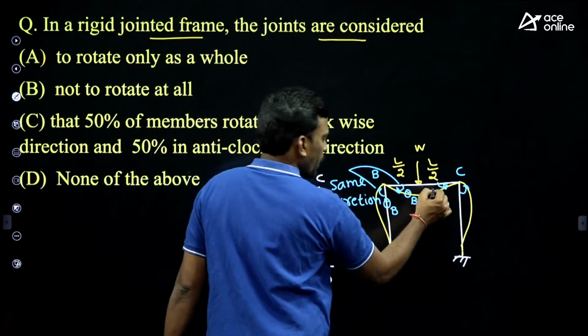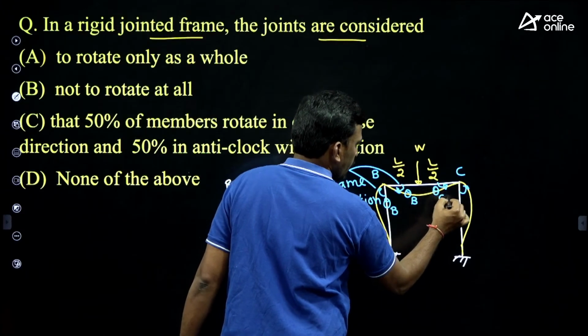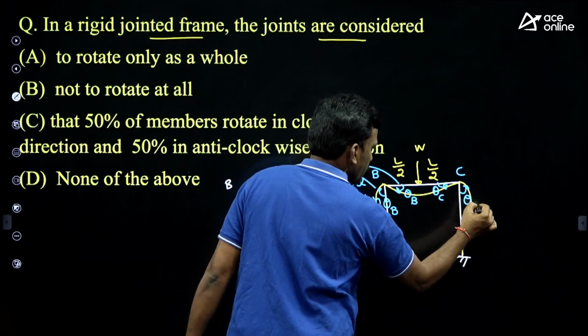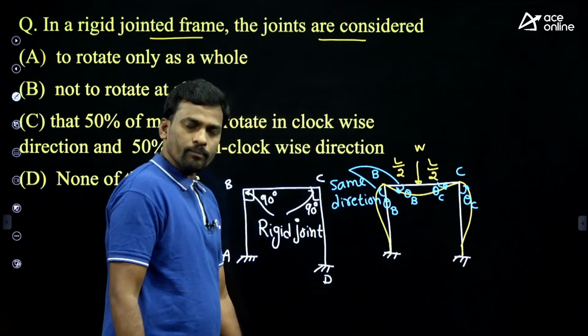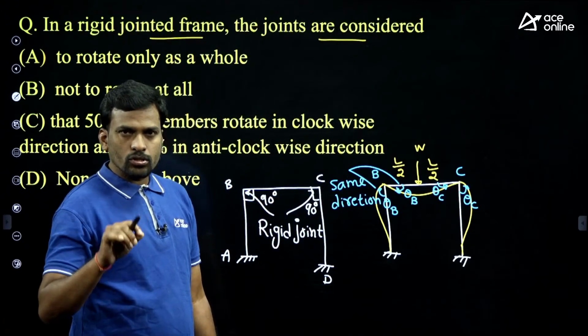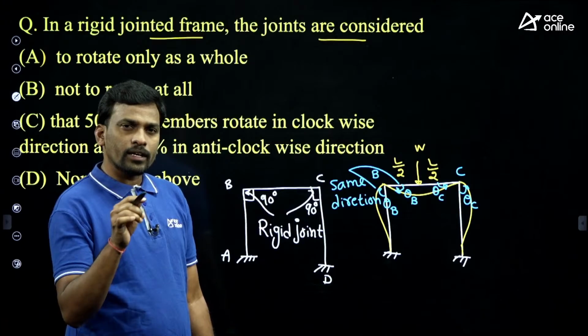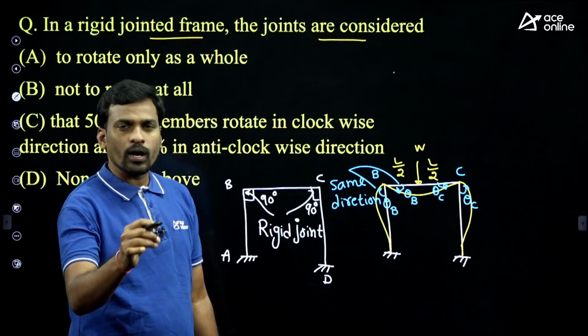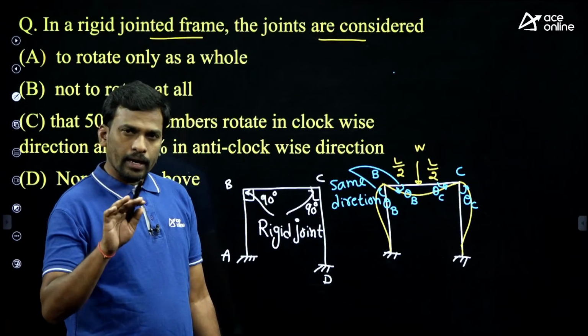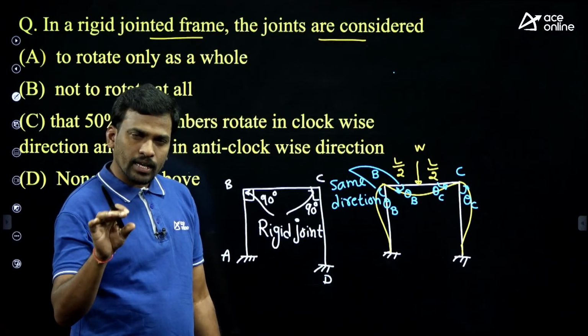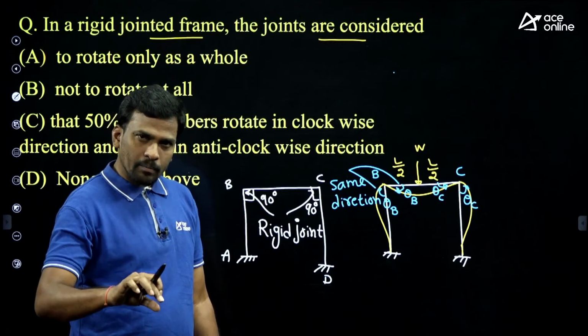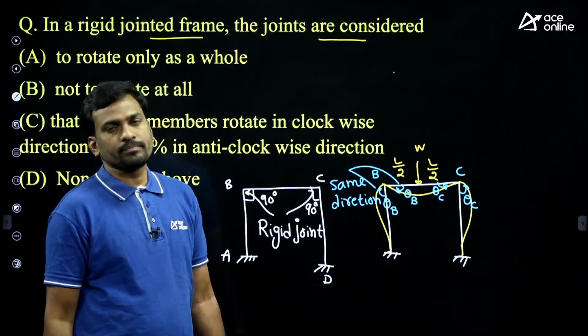If the beam rotates by theta c, the column also rotates by theta c only. Whether 2, 3, 4 or 5 members are meeting at the rigid joint, rotation in all the members is the same and in the same direction.